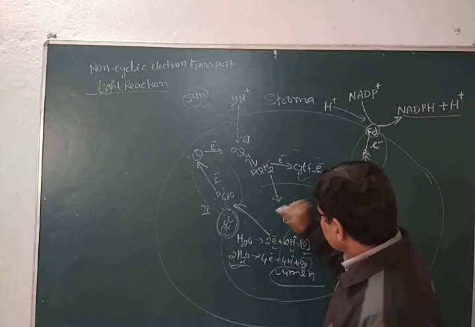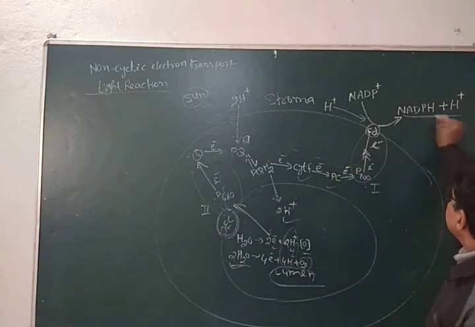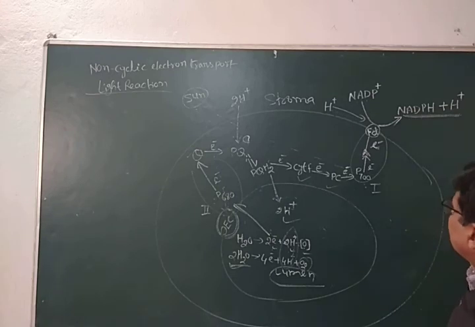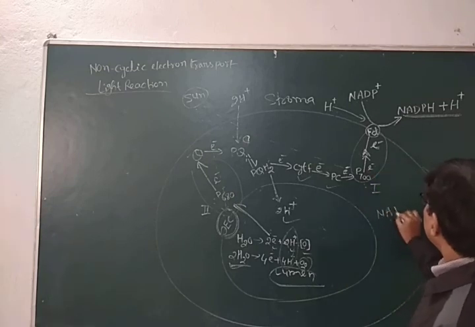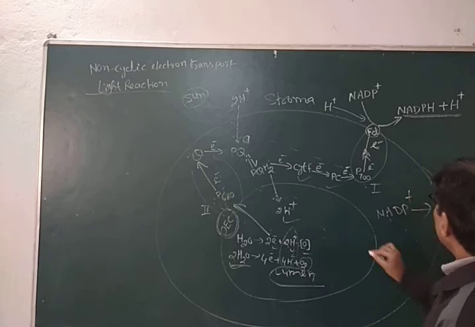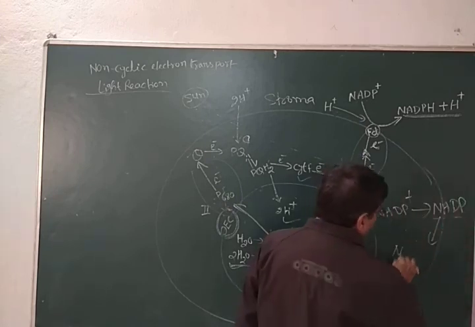Now one thing we learned, that for the synthesis of this NADPH plus H plus, how many electrons and protons are required? So now you see, suppose this is the oxidized NADP plus. For the reduction of this NADP plus, first of all, it requires one electron to change into NADP.